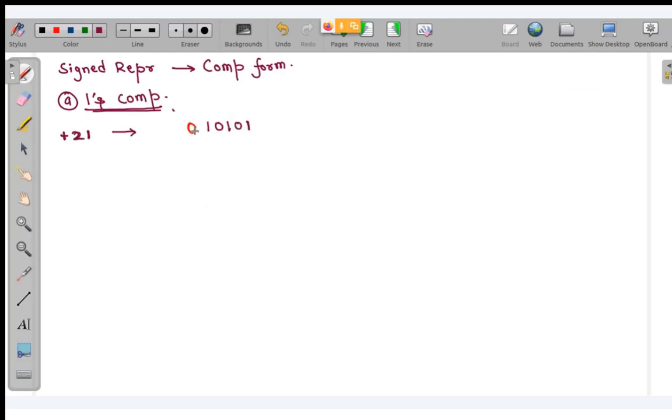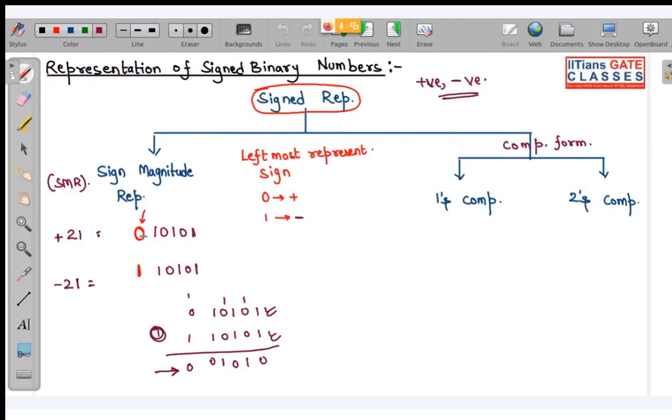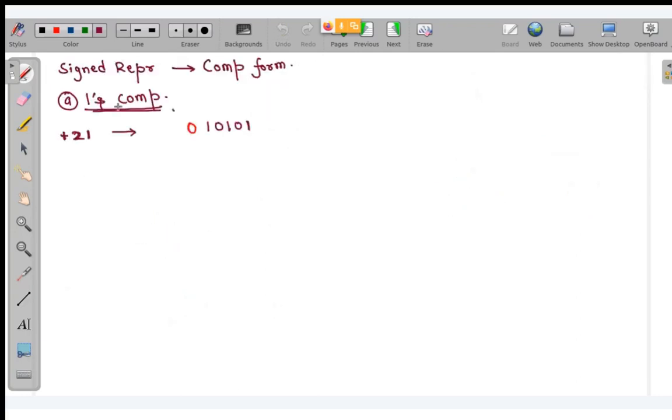Plus 21 I have represented the same way that I had represented in SMR. For a positive number there is no change in ones complement, but the moment I want to write minus 21, I will write 1 over here and the magnitude bits will be complemented 1 by 1. So this is minus 21 in ones complement.